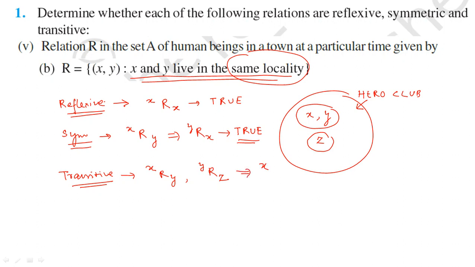Now, X and Z also live in the same locality. It means the answer is again true. Now, what about the final answer? If I am talking about all the three characteristics, reflexive, symmetric and transitive, all the answers are true. Reflexive, this one is true. Symmetric, this one is true. And transitive, this one is true.